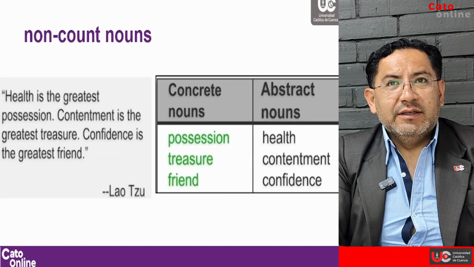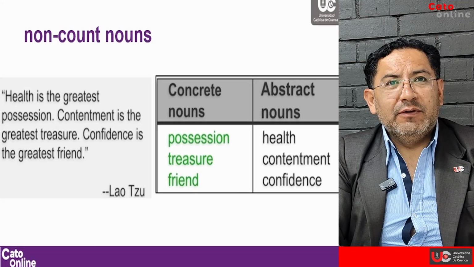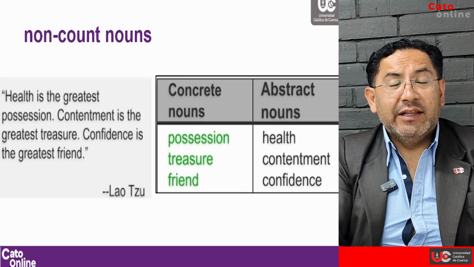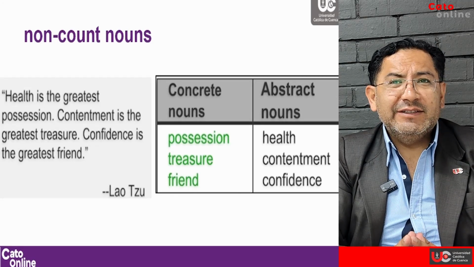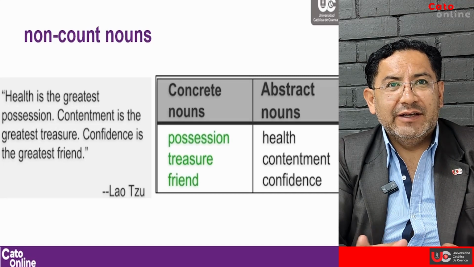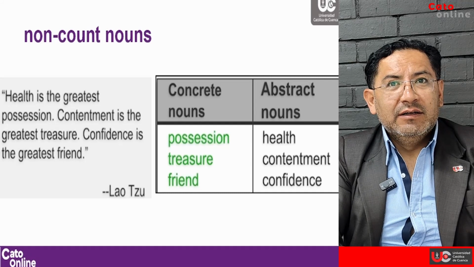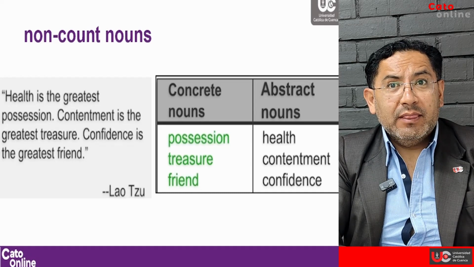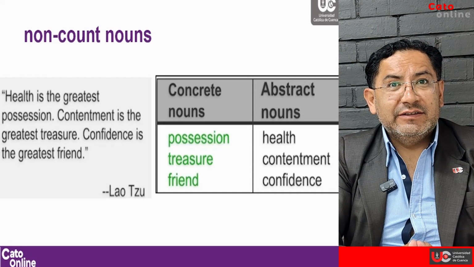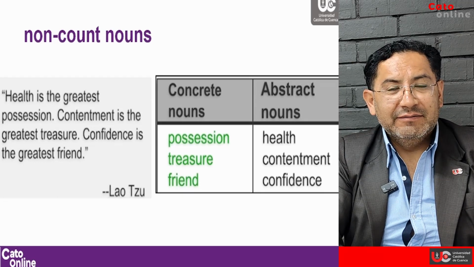Now, nouns: we have concrete and abstract nouns. For example, in this phrase, health is the greatest possession. Contentment is the greatest treasure. Confidence is the greatest friend.